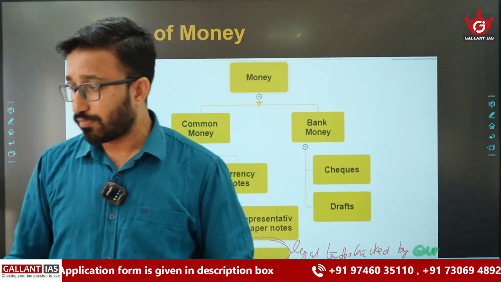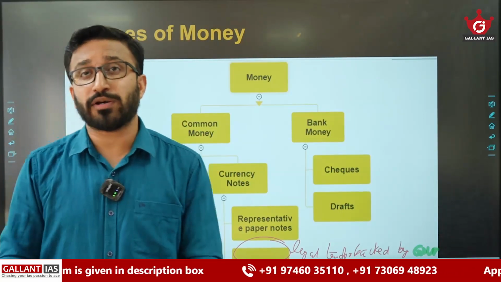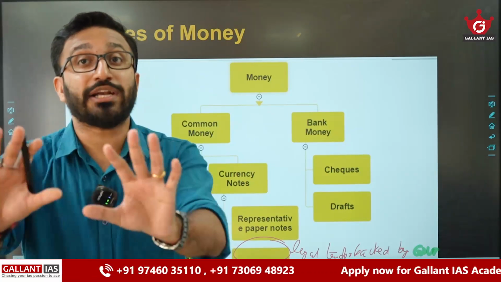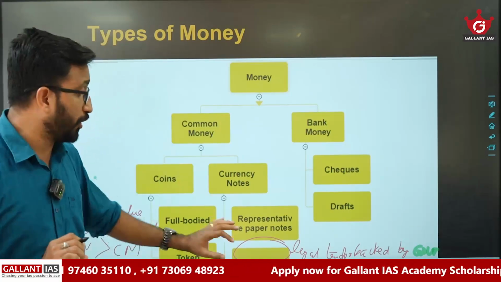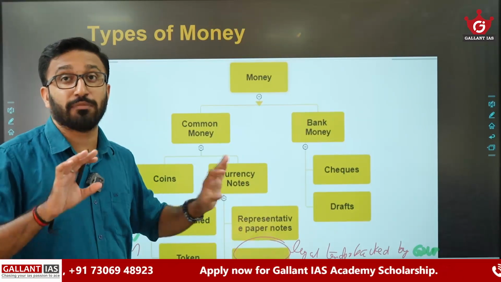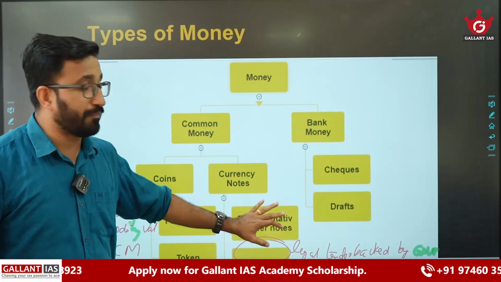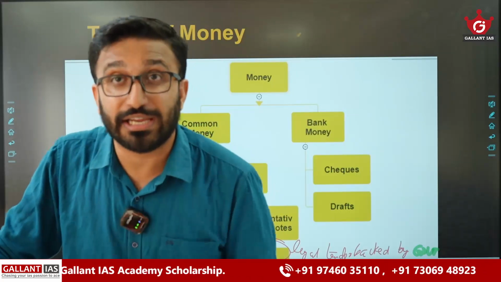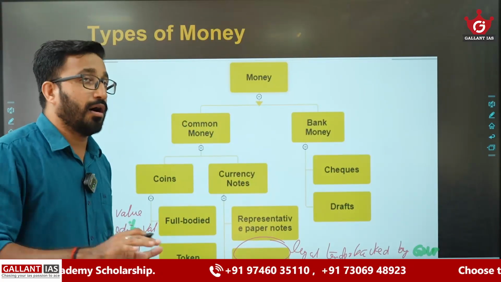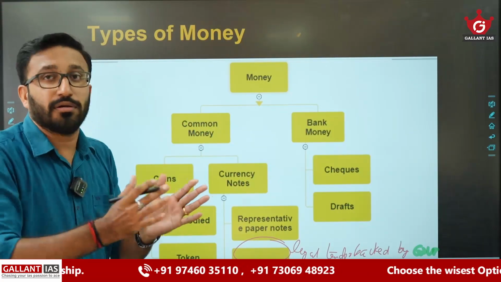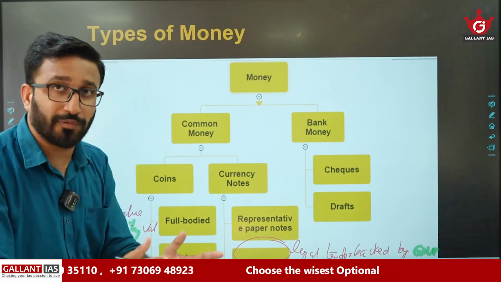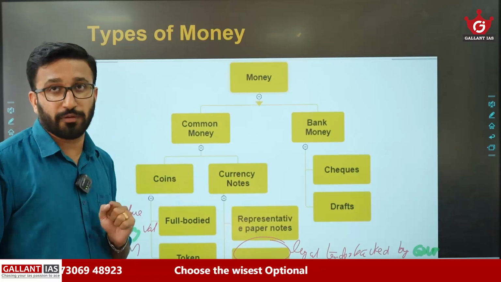What is that? Representative paper notes are money backed by a commodity. I've already told you, fiat money is backed by the government, while representative paper notes are backed by the commodity. Suppose 10 kilos of gold are there. So that gold will be the backing for representative paper notes.